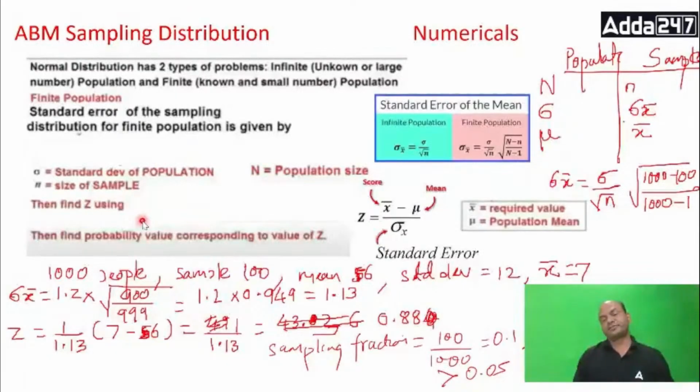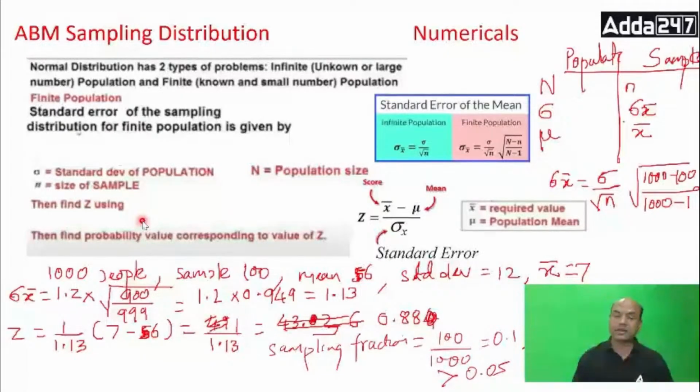It is finite population. Why? Because you know it is 1000 people. When you know the population size, it's called finite. So now which formula will you apply? You will apply the second formula, not the first one.